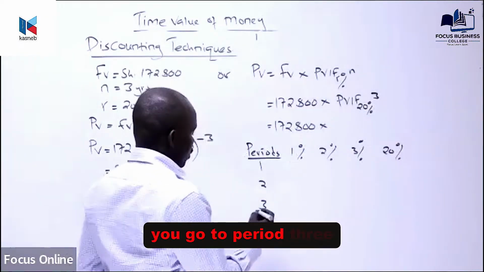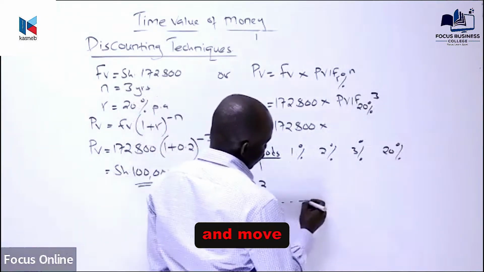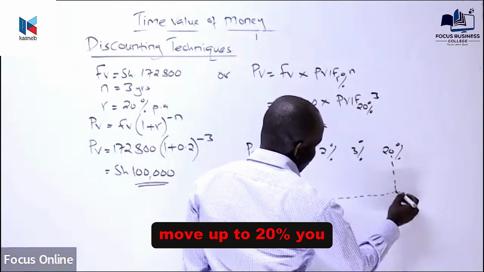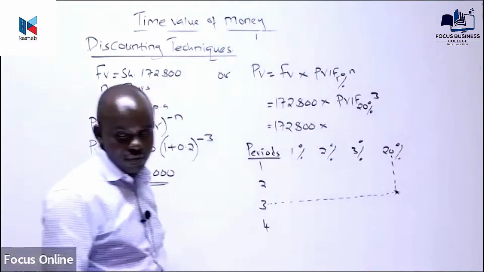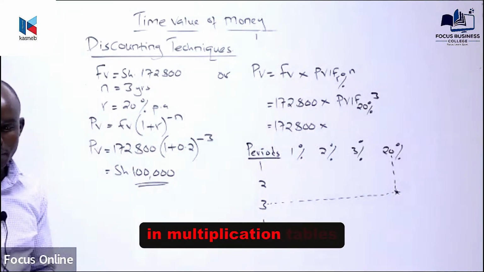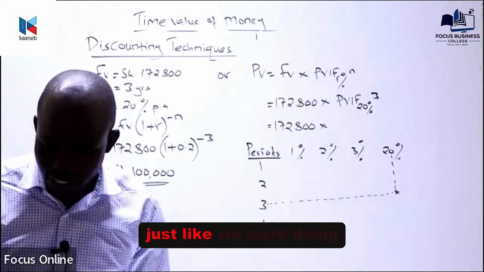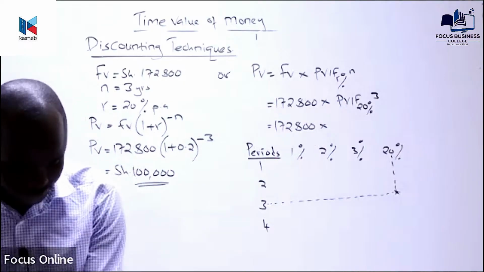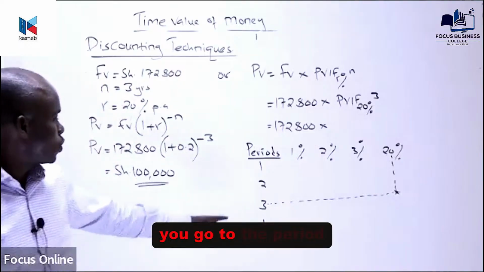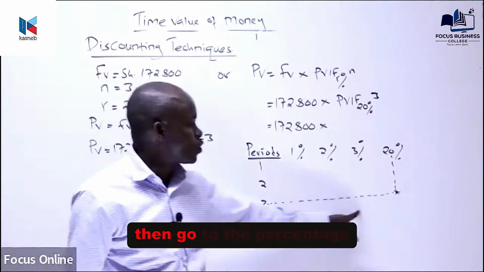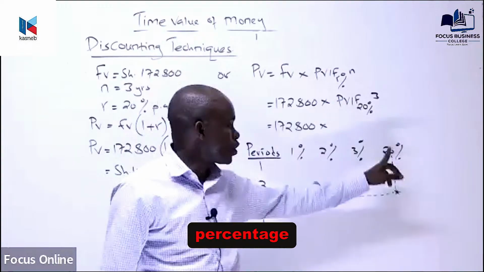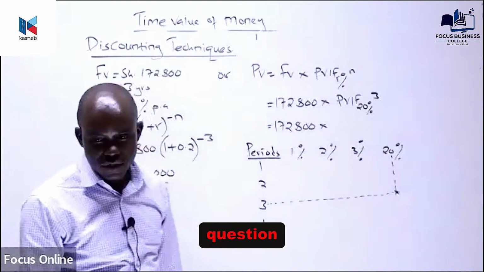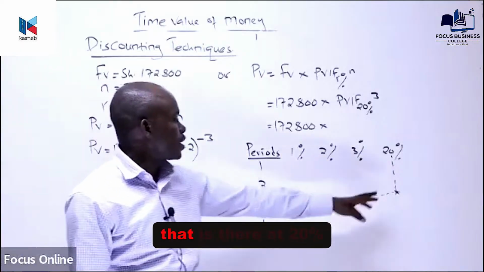So you go to period 3 and move across to 20% and read the factor that is there, just like we were doing in multiplication tables. You go to the period, then go to the percentage, or you go to the percentage and drop down to the period that is required in the question. So read the factor that is there.